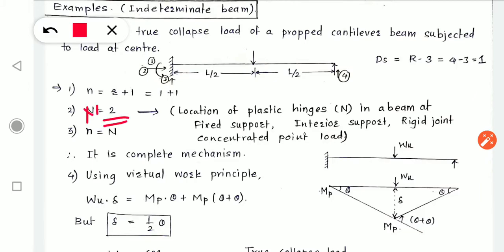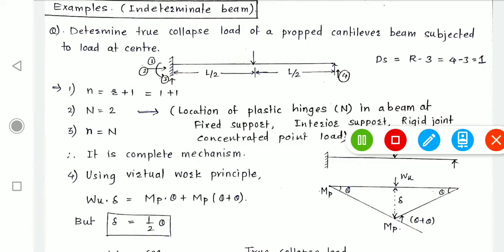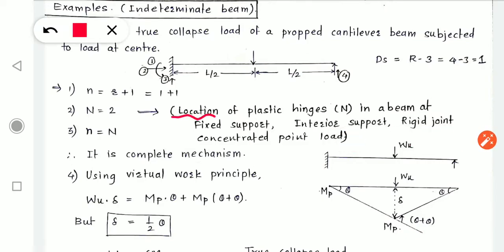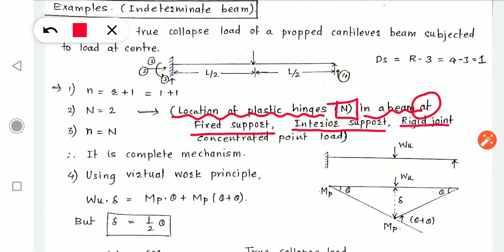What does 2 mean? This is the actual number of plastic hinges developed in the beam. But how to analyze the actual number of plastic hinges? For that I have given you a note over here: plastic hinges in a beam will develop at the fixed support, interior support, rigid joint, and concentrated point load.